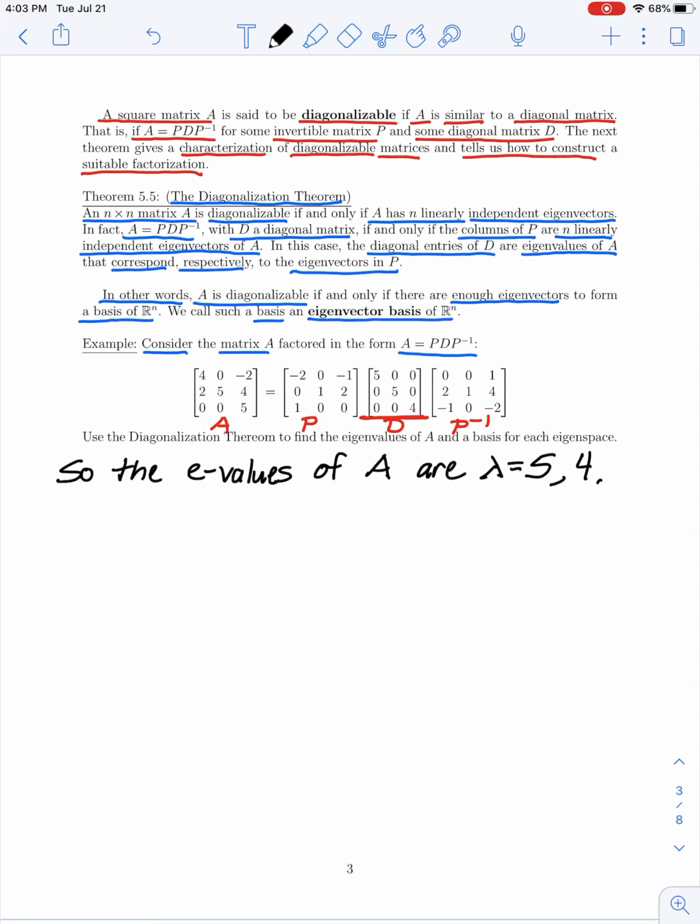And we see that 5 was an eigenvalue of multiplicity 2. It's repeated more than once. Now, to find a basis for each of these eigenspaces, we need to look at the columns of our matrix P. By the diagonalization theorem, these columns of P should be a set of linearly independent eigenvectors corresponding to the eigenvalues in D.